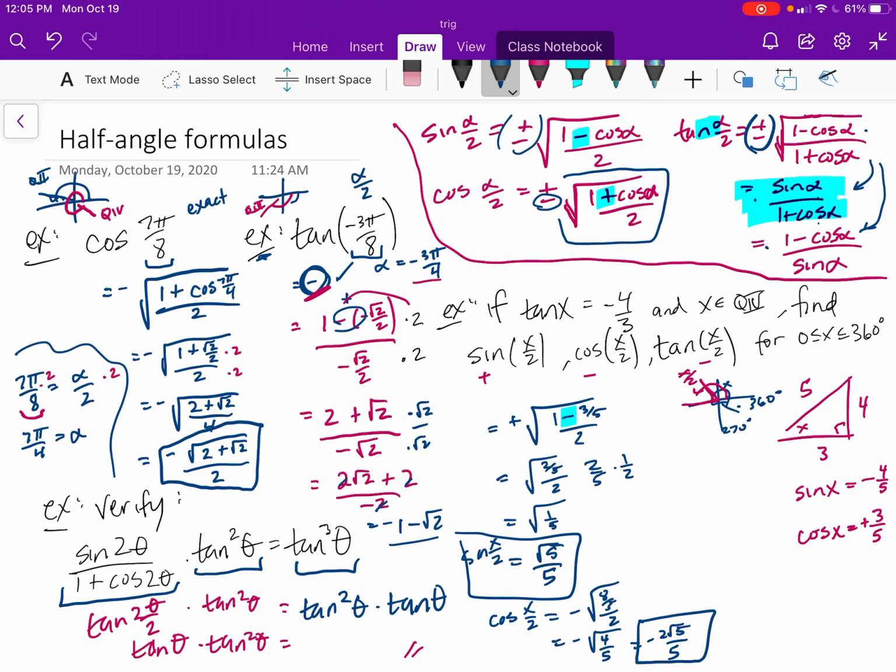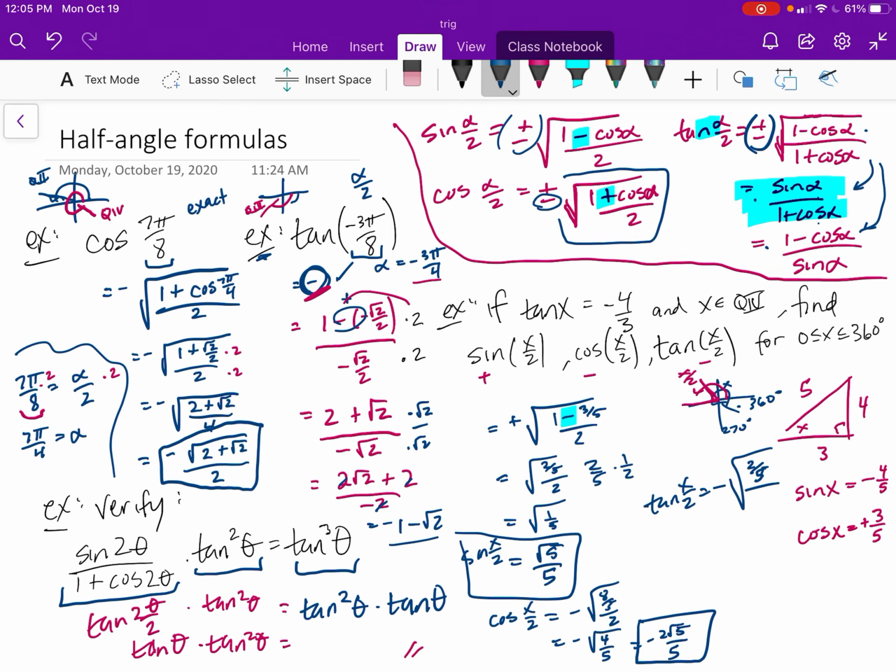All right, tangent. It's up to you which formula you want to do. I'll go ahead and do the top one this time. I really don't think it matters. Tangent. So we said the answer is going to be negative. And 1 minus cosine alpha, that's like what we got for sine. We get 2/5, right? So I'm going to do square root 2/5. And then 1 plus cosine, that's what we got for the numerator of cosine.